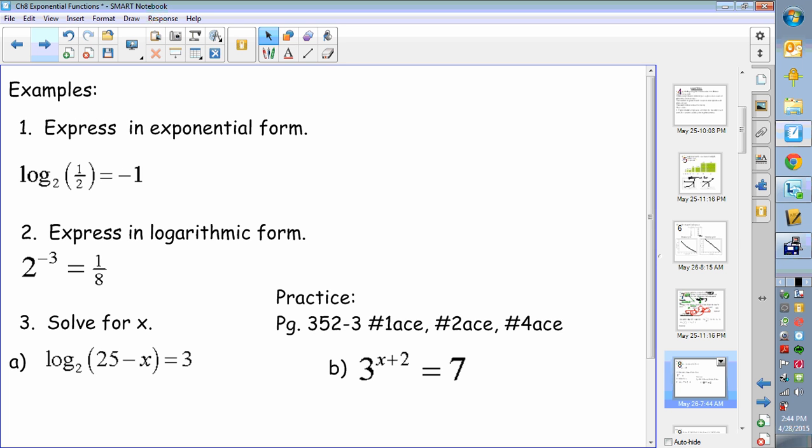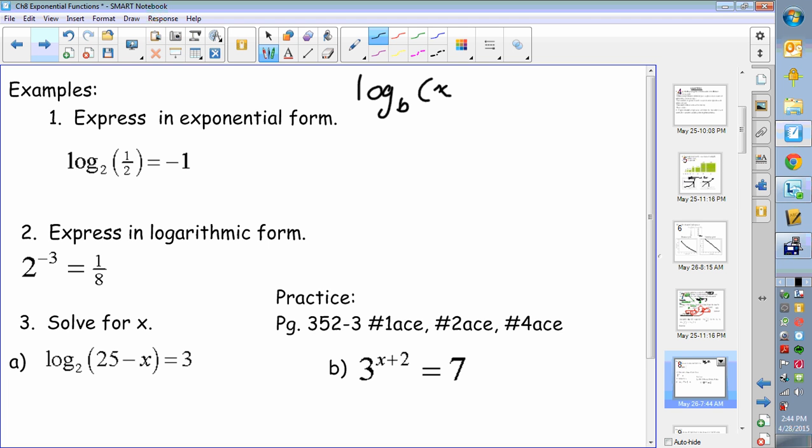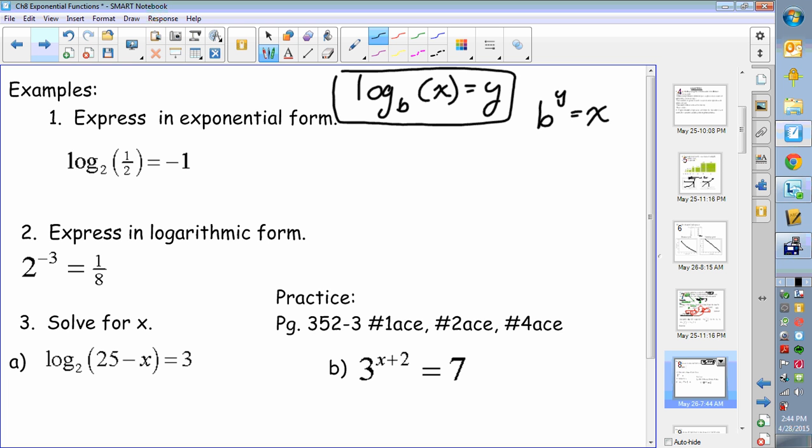Okay, so if we wanted to express something in exponential form, if you're thinking of this, log to base b of x equals y, that is b to the y equals x when you write it. Those two things are synonymous to each other. So if we follow that pattern and work our way through, one's logarithm and one's exponential.